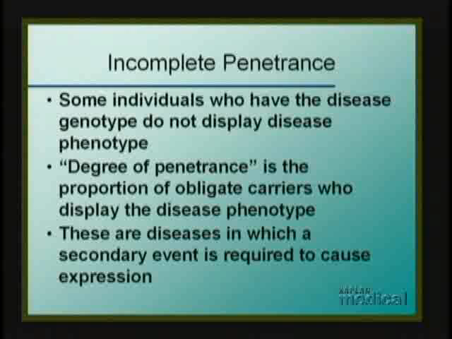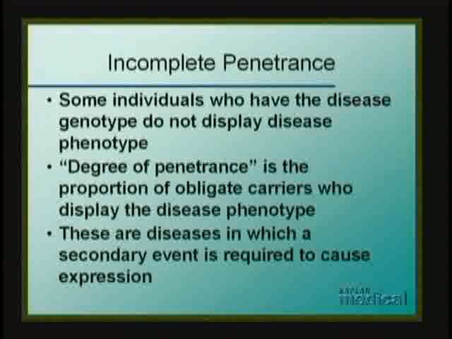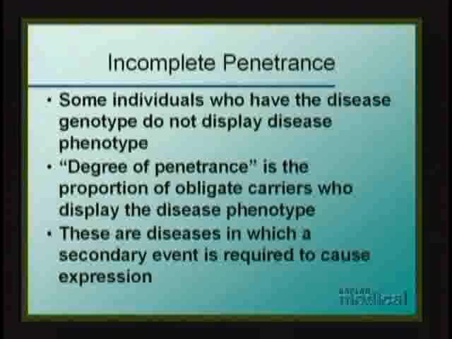The second complication is incomplete penetrance. In incomplete penetrance, we can identify some individuals who have the disease genotype but do not display the disease phenotype. What that means is sometimes for certain diseases you can analyze a pedigree, and by analyzing that pedigree you can point to a particular individual and say that person has the mutation.